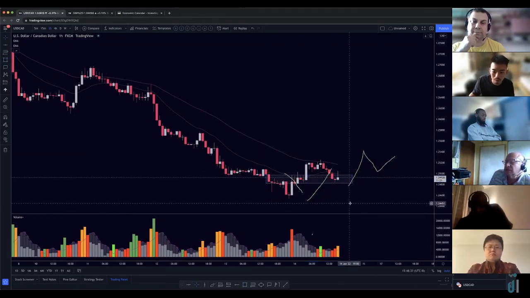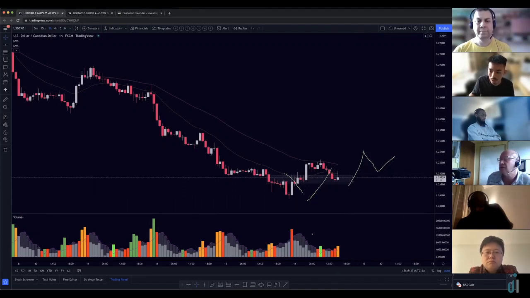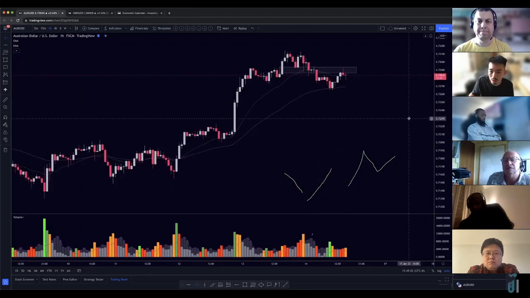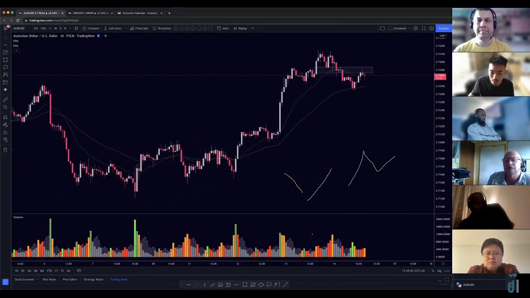Yeah, I guess it looks similar to the other pairs. The only thing that I would add is, when you have other pairs, like today, you want to lean on pairs that have stronger structure, if that makes sense. So let's say this price action here, right? Aussie USD looks a little bit similar, but it looks a little bit stronger because it feels like there are more attempts here.